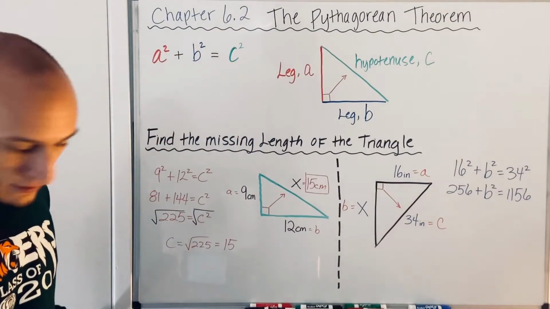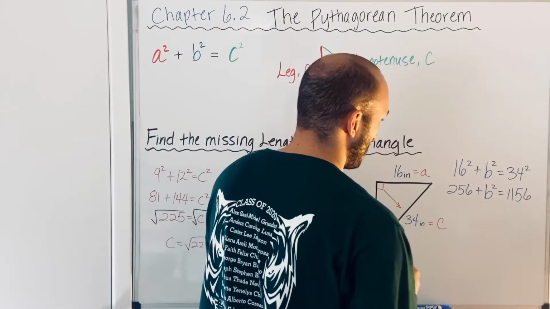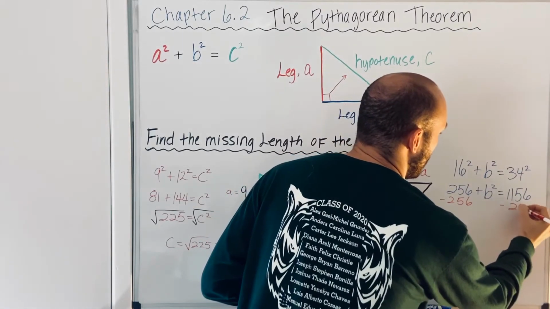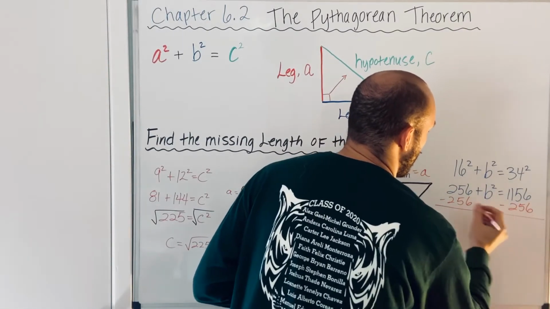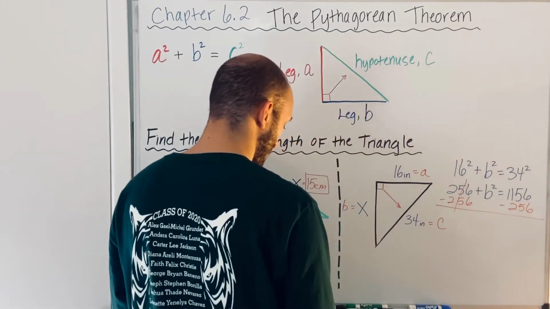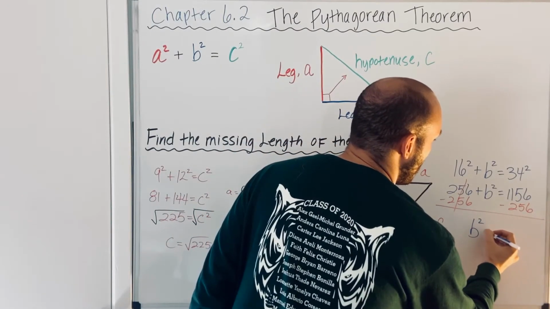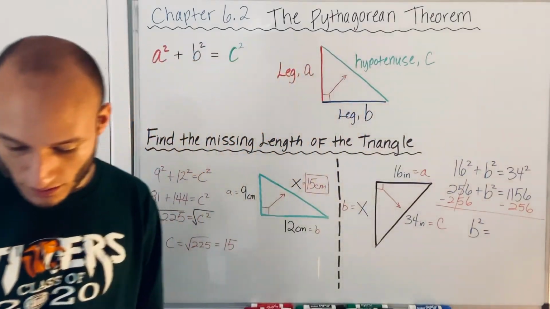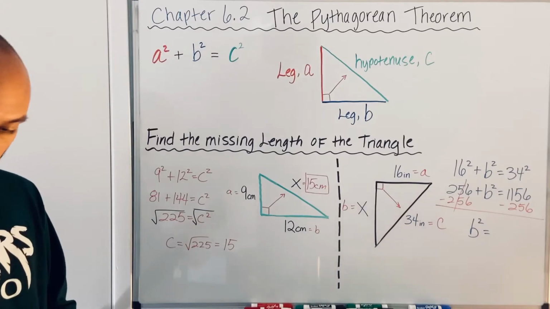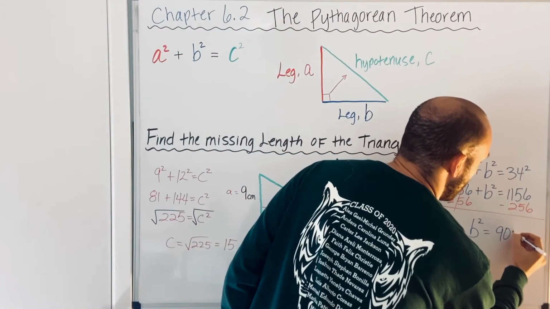Okay, so here I'm going to subtract 256 from both sides so that I can leave B by itself. Here I would have B squared equals 900.